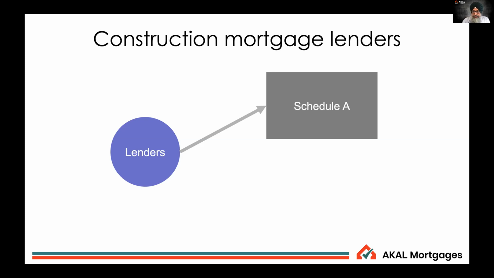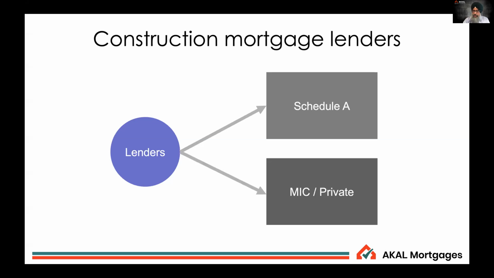These days, Meridian is the only Schedule A lender doing construction mortgages, but we have never closed one. Why? Because this is a short-term loan. It's much quicker with a MIC, with much better control, terms and conditions as compared to the Schedule A banks. So typically, the majority of construction loans are completed with MICs and private lenders, 90% with MICs and 10% with private.